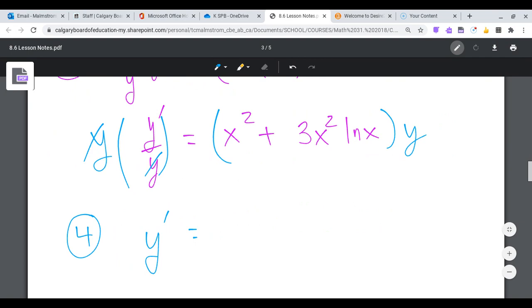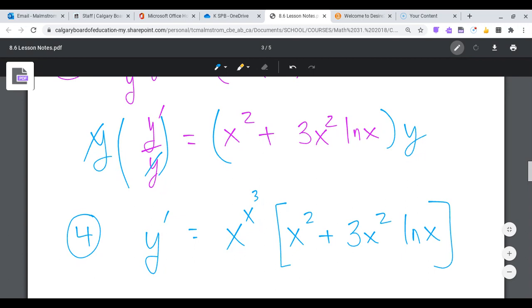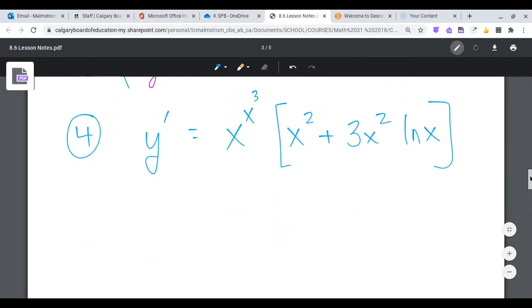So y was this funky x to the x cubed, and we're going to multiply that by x squared plus 3x squared ln x. All right, now we're going to actually try and tidy this up a little bit more. I actually have a common factor of x squared on this tail. So if I was to take an x squared out, what would I be left with? 1 plus 3 ln x.